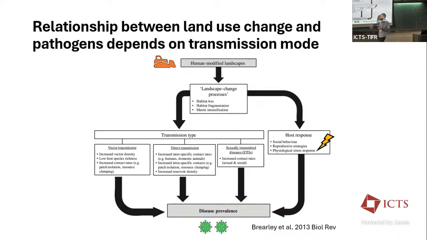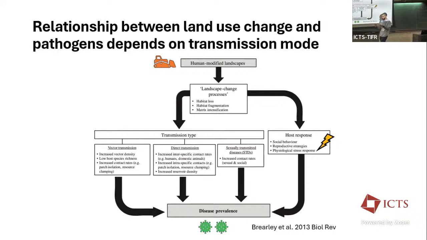And you also might have increased contact rates, either between hosts or between hosts and vectors, right? A host living in that environment may encounter more vectors in a degraded landscape. With direct transmission, you obviously might see increased contact rates, right?